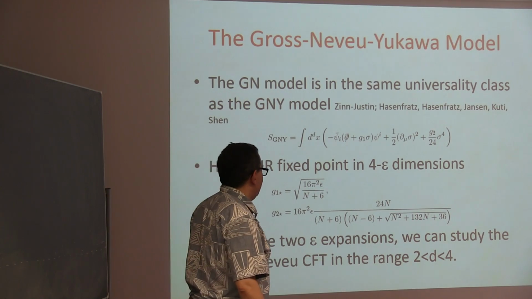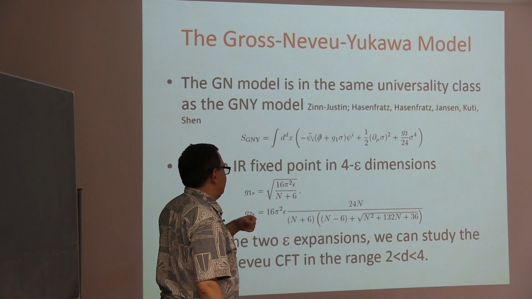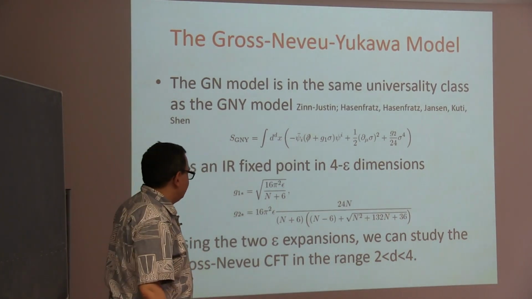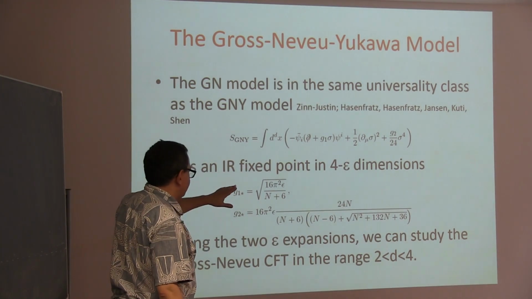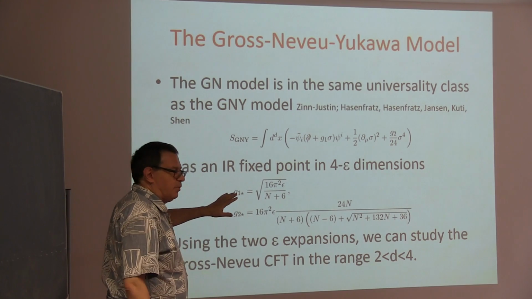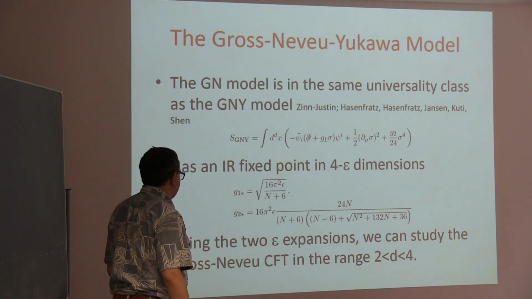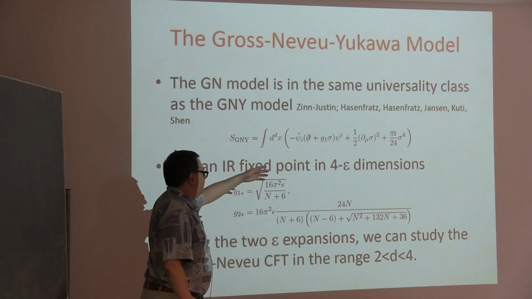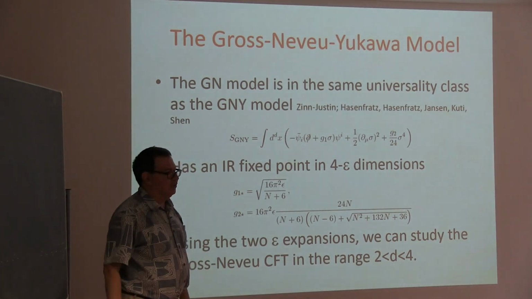And then in 4 dimensions, you also have another marginal term, which is sigma to the 4. Right, so now this is completely stable. You do the 4 minus epsilon expansion in this model, it is perfectly well defined, and you find that g2 star is positive. You have a positive stable Lagrangian.